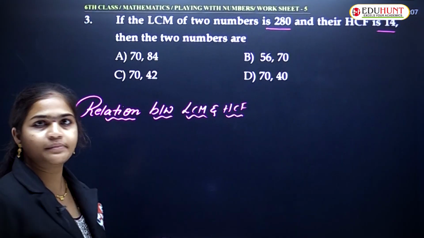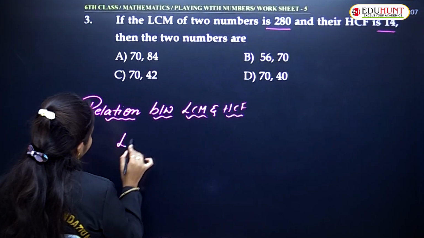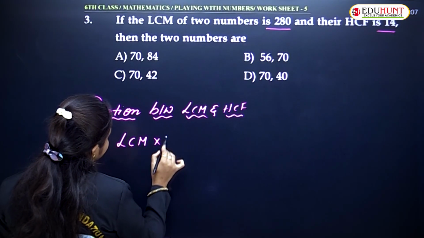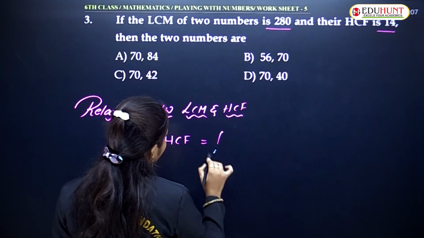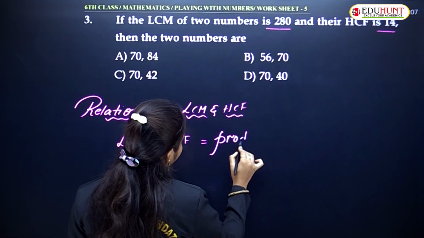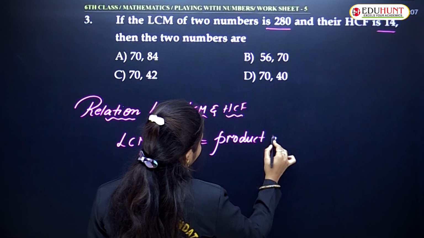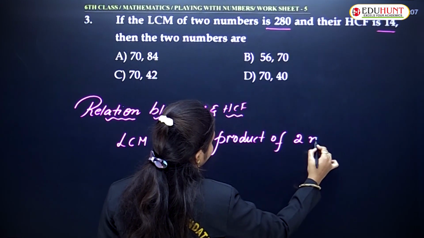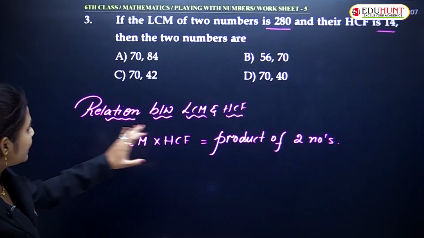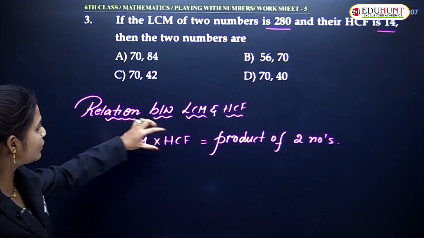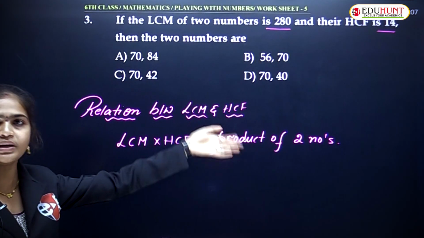The product of LCM into HCF is equal to the product of two numbers. Understand? See here. By observing this relation, LCM into HCF is equal to the product of two numbers.